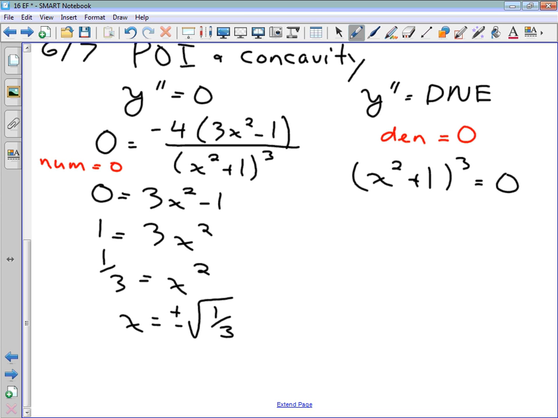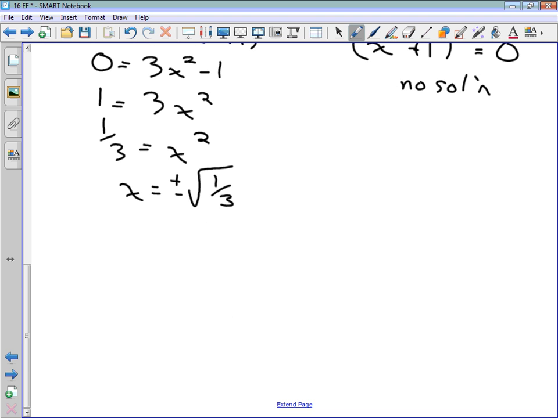There are no solutions. And you might notice a pattern here. When we asked where our first derivative does not exist, we had no solutions. When we looked for our vertical asymptotes and asked where our original function does not exist, we had no solutions. So there tends to be a trend in finding no solutions for these things.